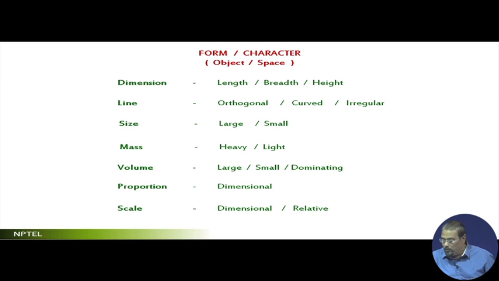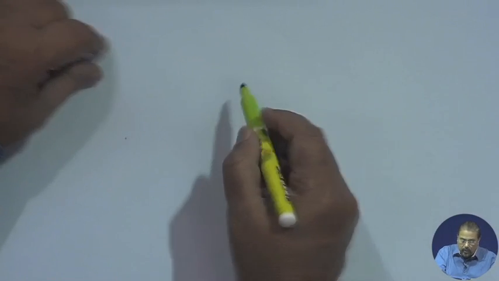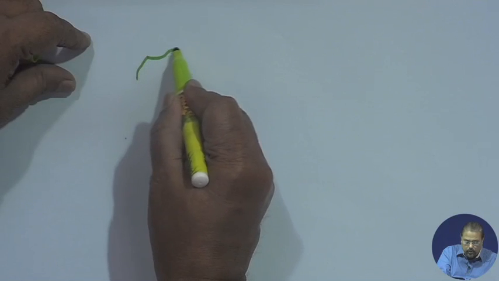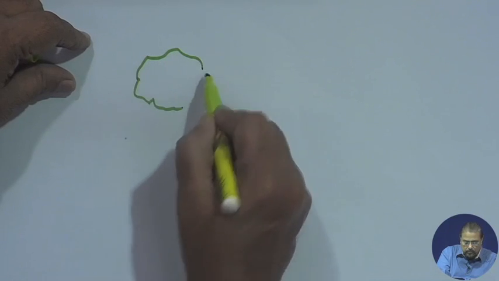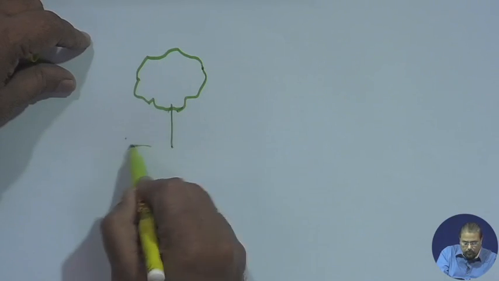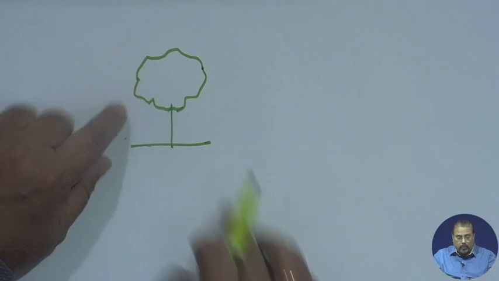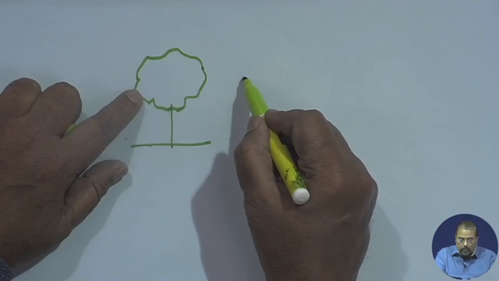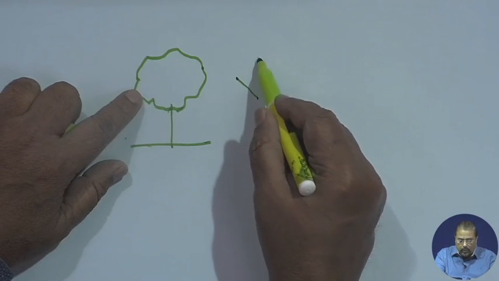I'll just give one idea. Let's say I draw a tree, this is one, and then I also draw another tree.